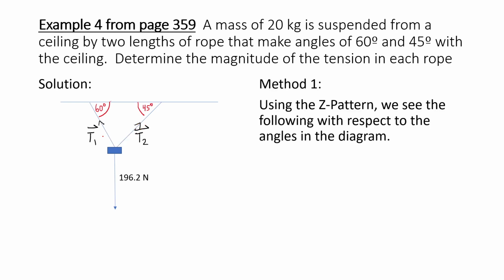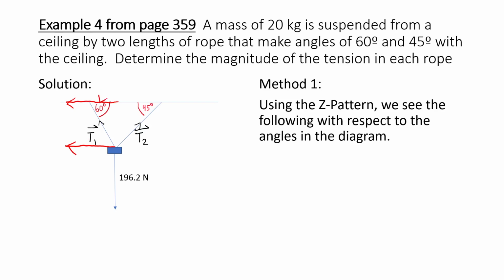Okay? And using the Z pattern, we see the following with respect to angles in the diagram. I'll go back a slide, and what I'm saying is this horizontal ceiling and this imaginary horizontal line are parallel lines.